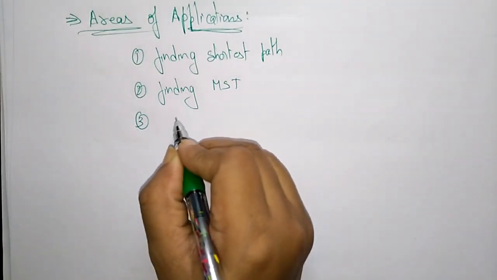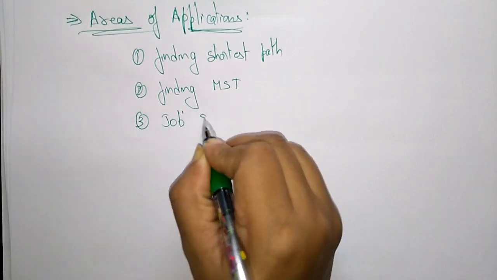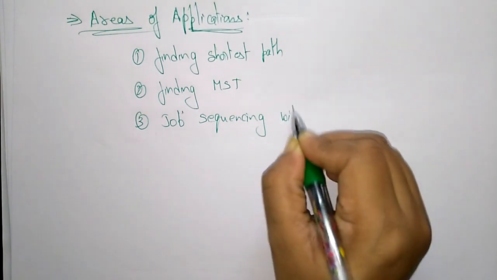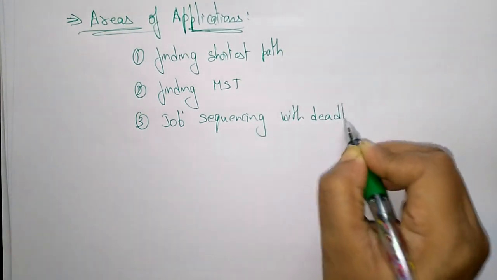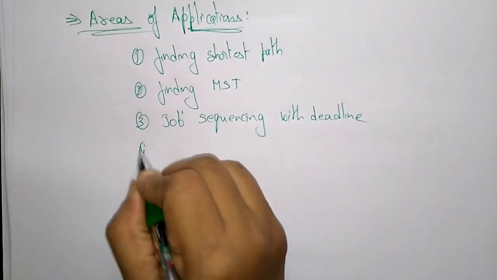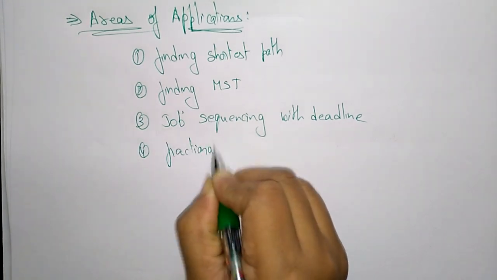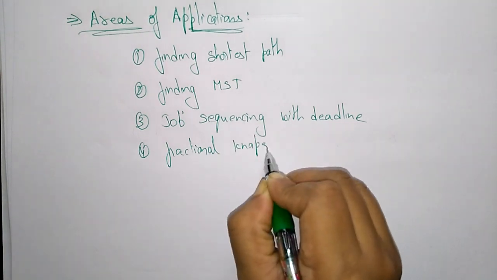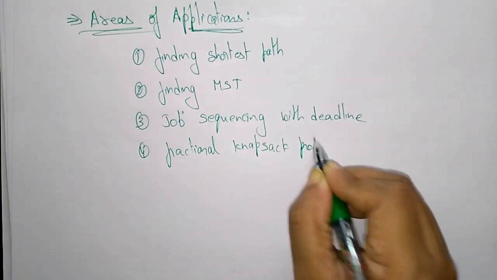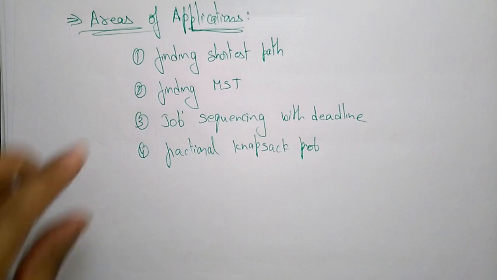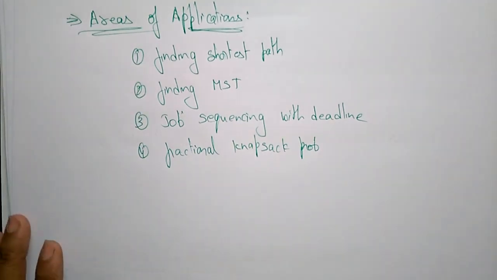The next application is job sequencing with deadline, and fractional knapsack problems. So these are the different applications of the greedy method. In this greedy method topic, we will discuss each and every application clearly.